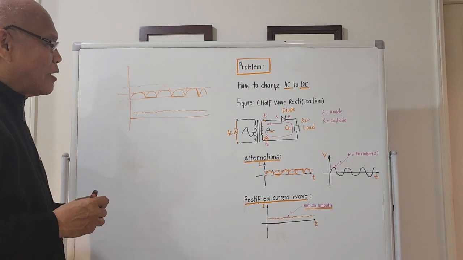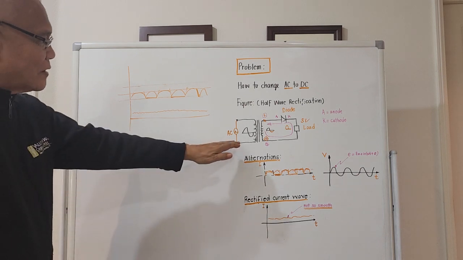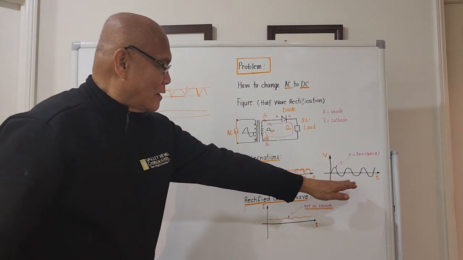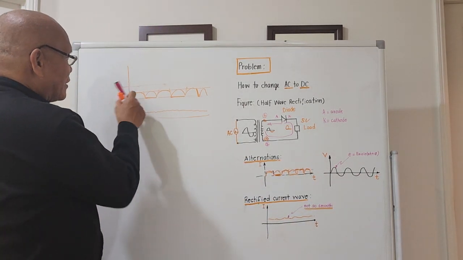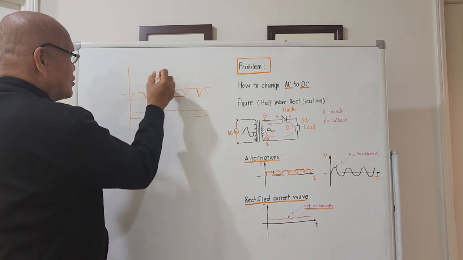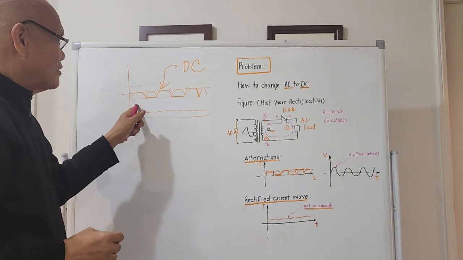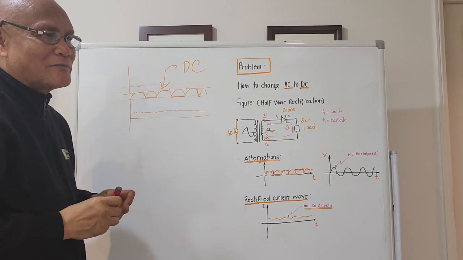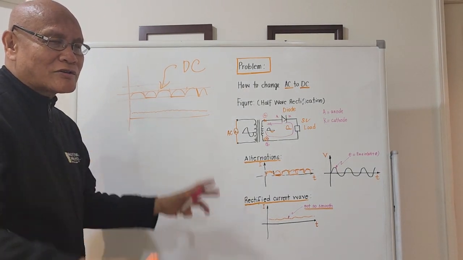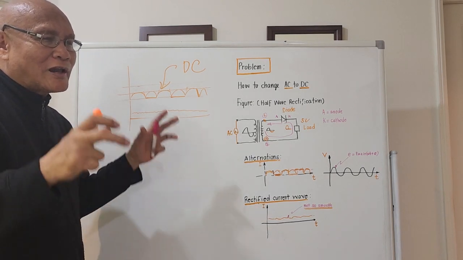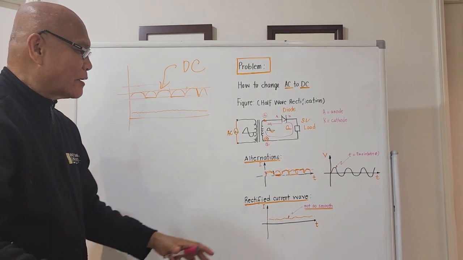That's the way how we rectify alternating current like this to a direct current. This is now considered direct current. But it's not so smooth. But what I am telling you just right now is actually the concept on how to change alternating current to direct current.